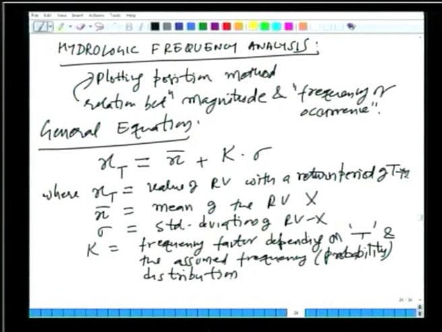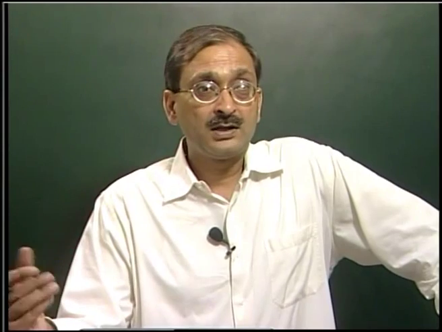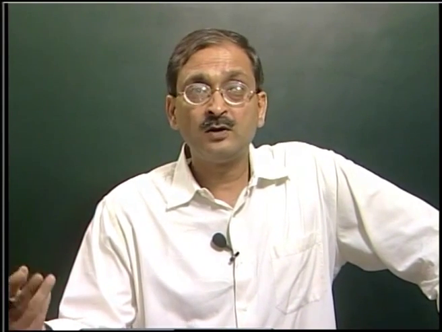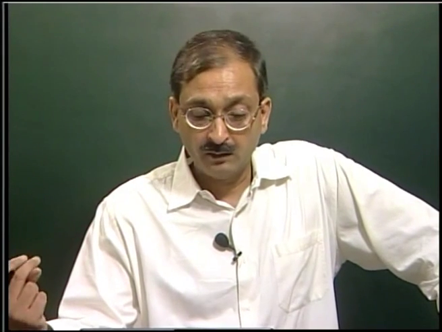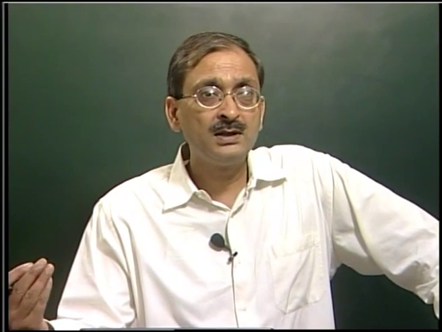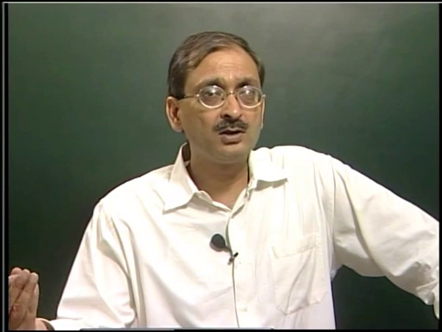So, K is a factor which will be a function of a minimum of two things. One is the return period T itself and the other one is the assumed probability distribution, or the probability distribution that particular hydrologic random variable is supposed to follow.